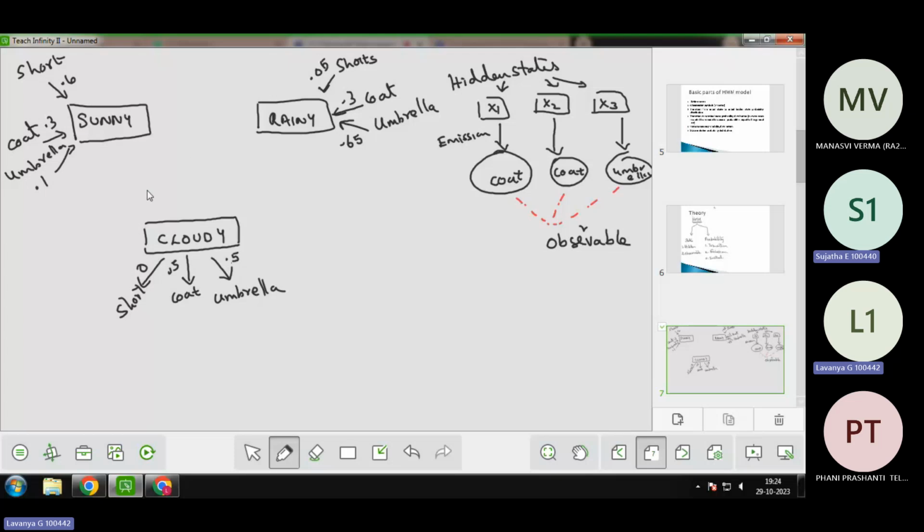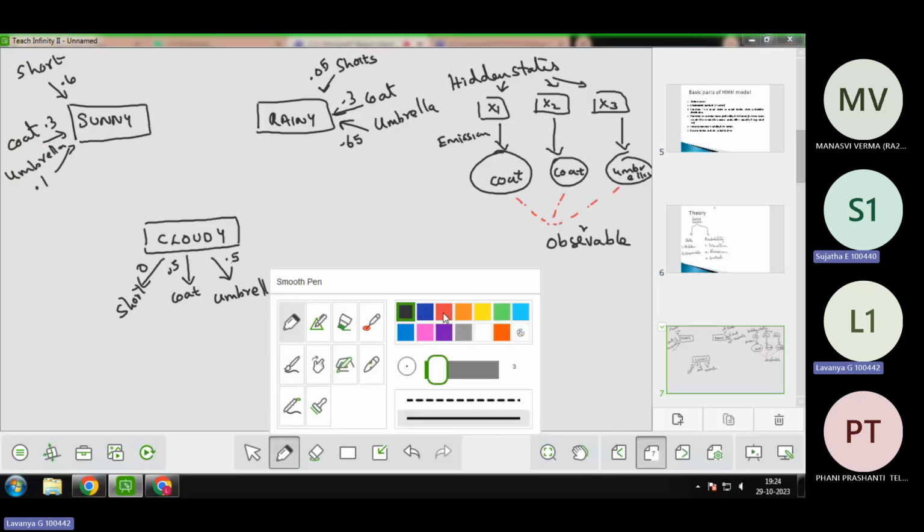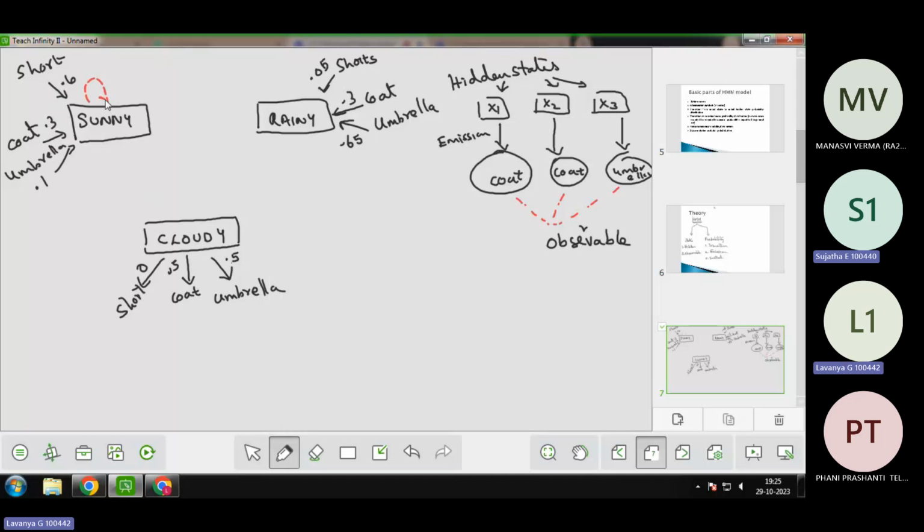So this is the probability associated with the hidden states with respect to a man either wearing shorts, a coat, or an umbrella. Now we have to look into the transition probability. The transition probability I'm going to represent using a red dotted line. From sunny to sunny, it is 0.8.